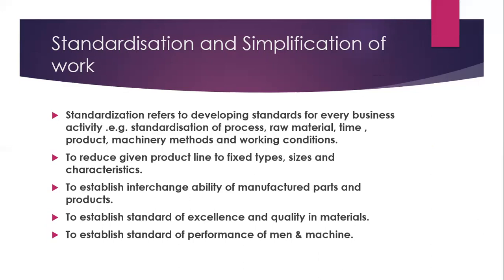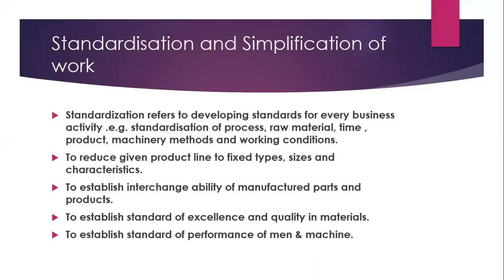And so the raw material, process, every time, and the time, how much time it should take to prepare one burger, what machinery, methods, working conditions, the cleanliness of the place, everything is standardized. Wherever you go in McDonald's, any outlet, you'll find these standardized processes are followed. And what is the objective of standardization?